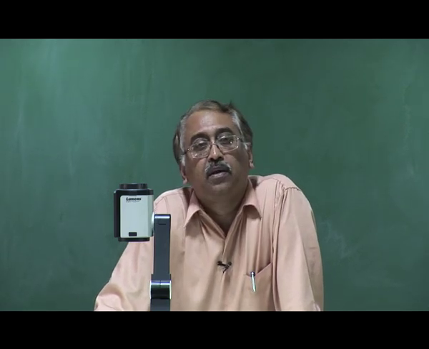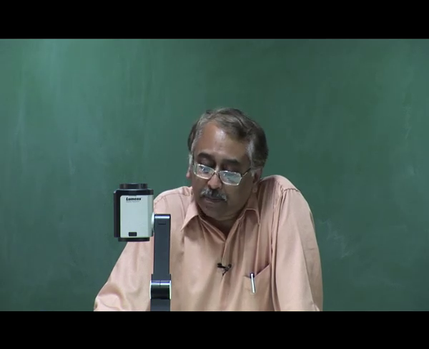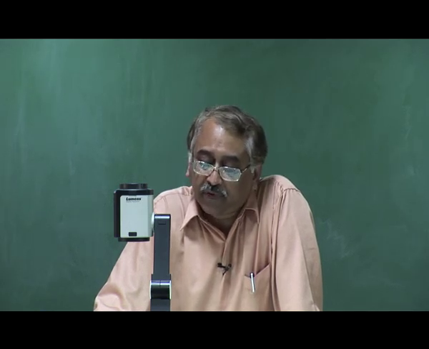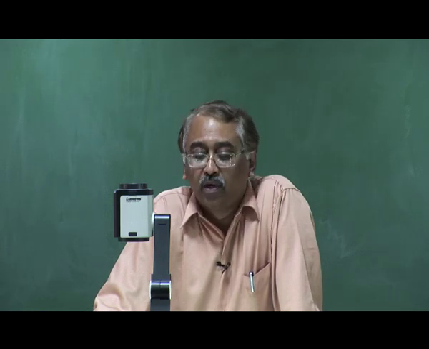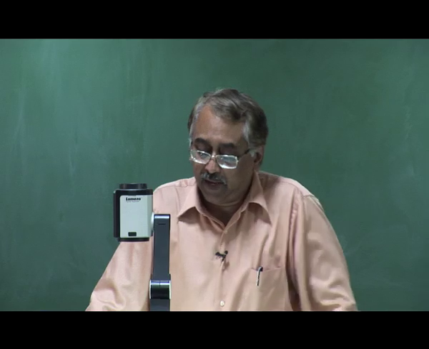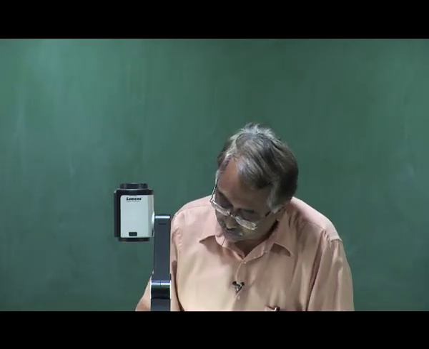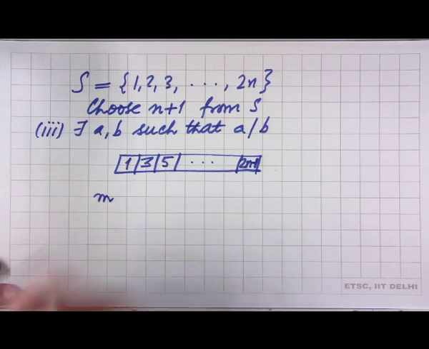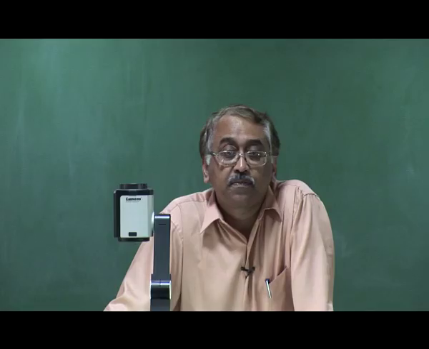Now comes the clever part. How do I choose to place my numbers in these boxes? Well, you take any number m from these n plus 1 numbers. It's a basic fact, which you probably know, that you can divide m into prime factors. Another way of saying this, in this particular instance, because I don't need the full statement of that result: if m is odd, leave it the way it is.